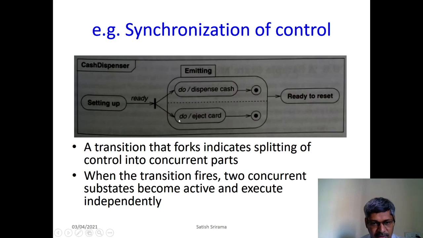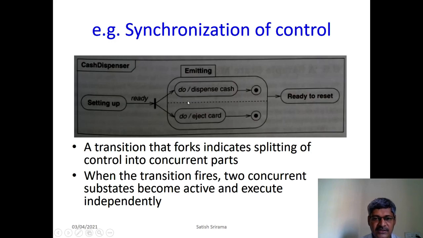Similarly, with the fork, you have another thing which is done in parallel. In this state you are ejecting the card. That's also a do activity. Once this state is finished, you will finish into this. When the transition fires, two concurrent substates become active. So both these substates become active, this state and this state.